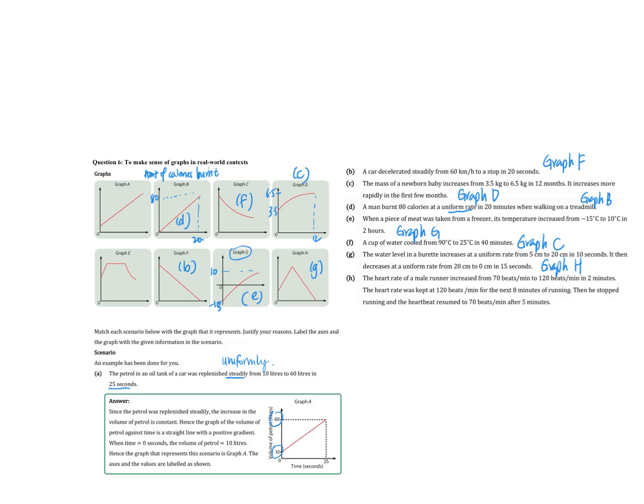Kept at the same rate for the next 8 and then stop, resume. This one. So you know the behavior, how the graph can change drastically. But the idea is increasing at an increasing rate, decreasing at a decreasing rate, increasing uniformly. These are how the shapes can change. This one. Yes. So for graph A and B, right?